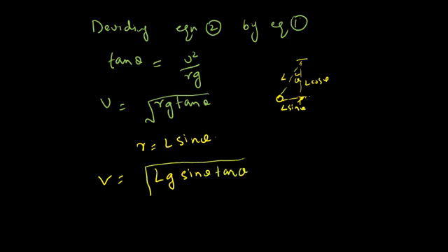So this is the speed of the ball in the form of a conical pendulum, and you can see that it is independent of mass. It depends on the value of g, the length of the cord, and sin theta and tan theta.